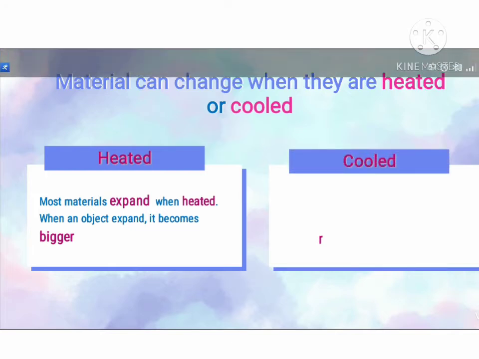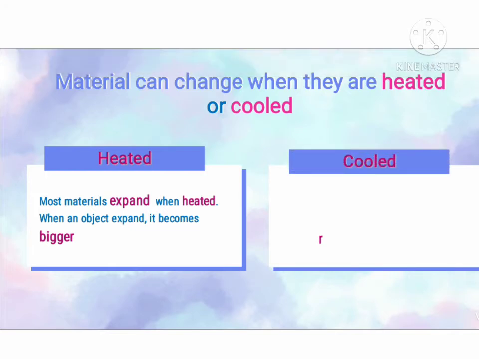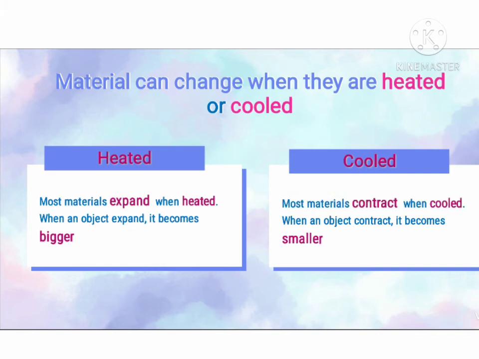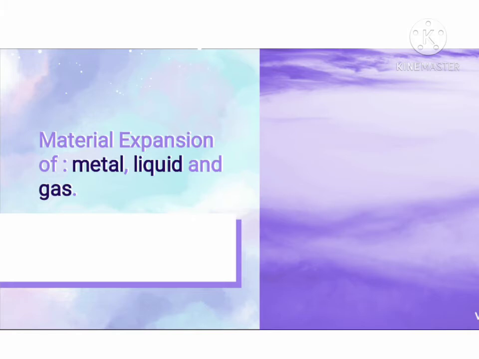And what about the changes that happen when they are cooled? Most materials contract when cooled. When an object contracts, it becomes smaller. So they get bigger when heated, and they get smaller when cooled. This is what happens with most materials, and the expansion of metal, liquid, and gas.